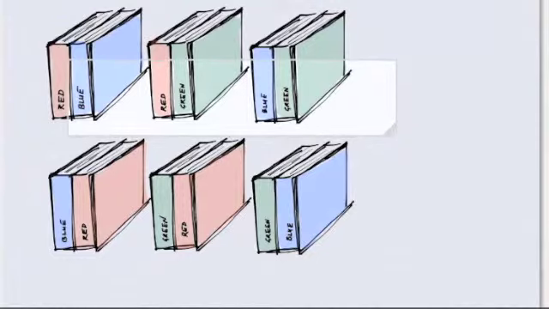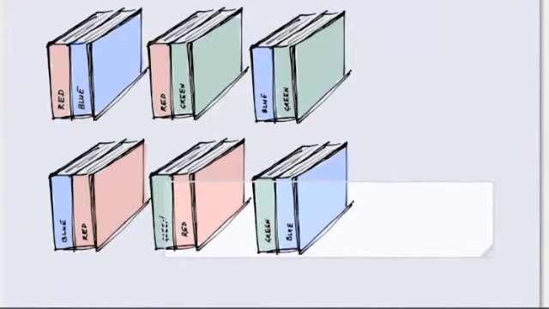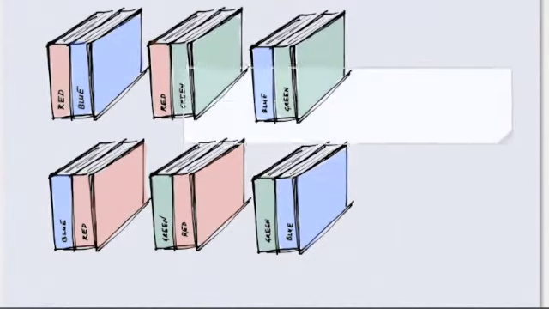Likewise, we can have the red-green arrangement or green-red arrangement in the bookshelf, or the blue-green arrangement or the green-blue arrangement in the bookshelf. In total, we can have 6 possible ways of organizing the books in the bookshelf.